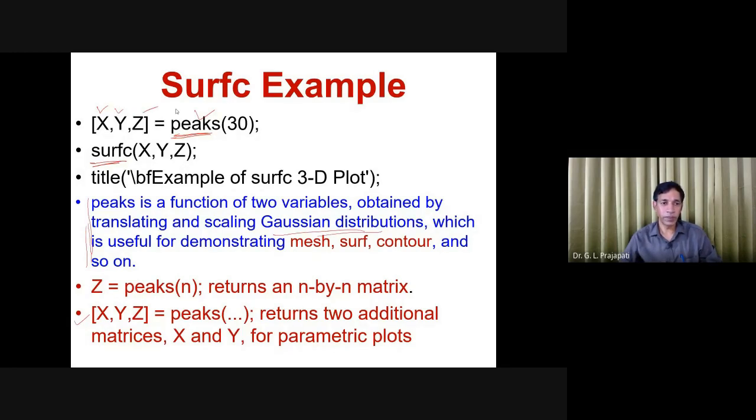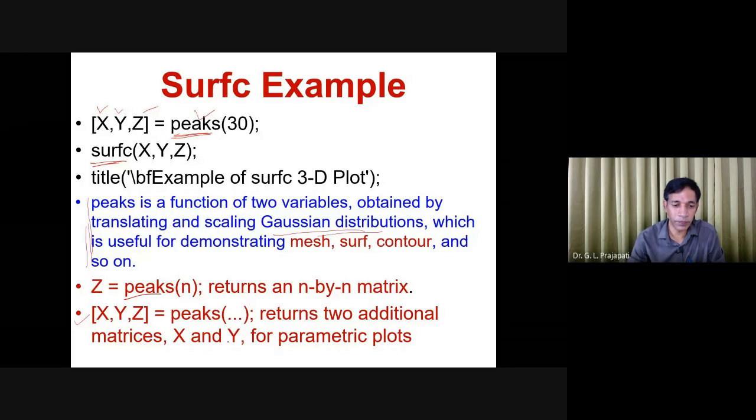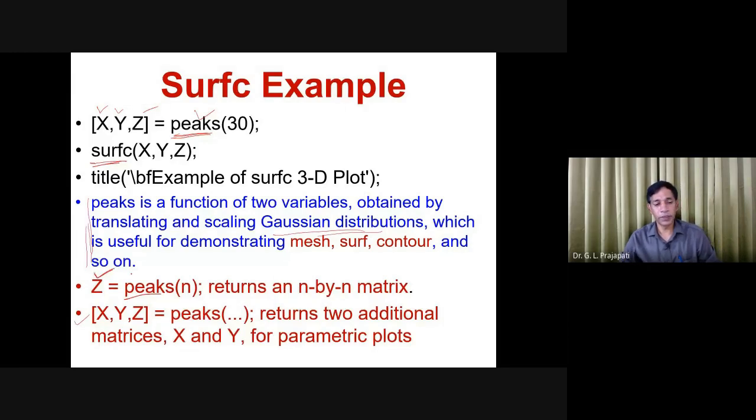So two dimensional x, two dimensional y, and two dimensional z. Peaks n returns n by n matrices, so x, y, and z are all n by n matrices. So peaks returns two additional matrices x and y in addition to z. That's why this is the assignment.